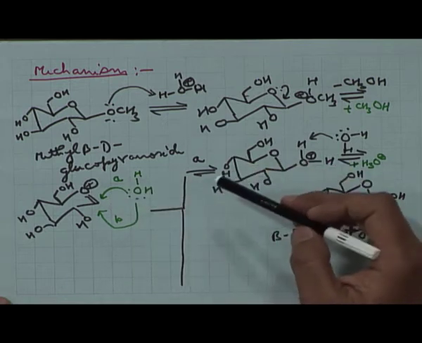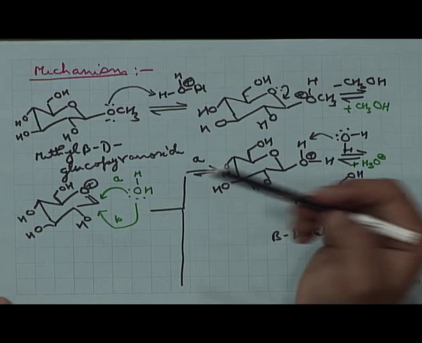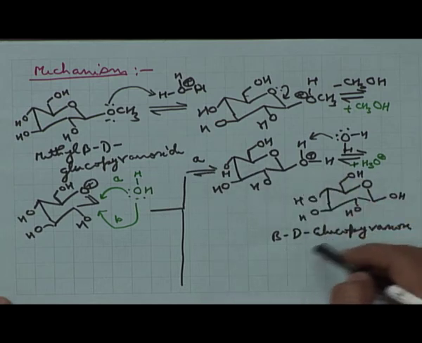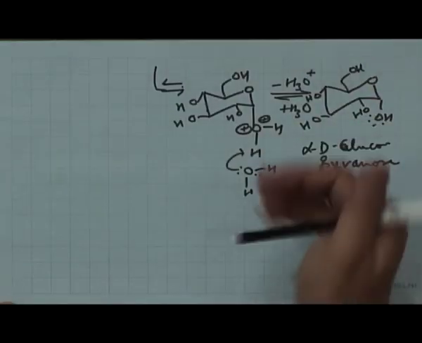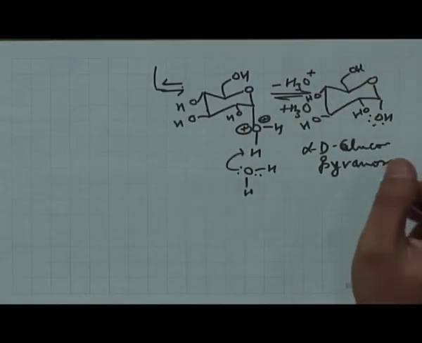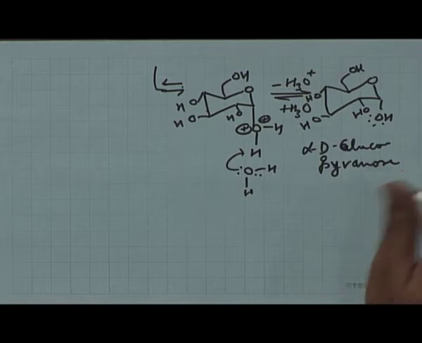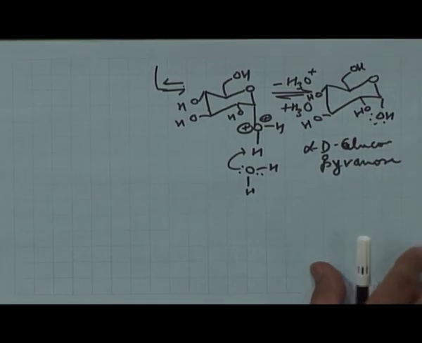If the water molecule attacks from the top phase, that generates beta D glucopyranose, and if attack takes place from the bottom phase, then it generates alpha D glucopyranose, the hydrolyzed sugar moiety.